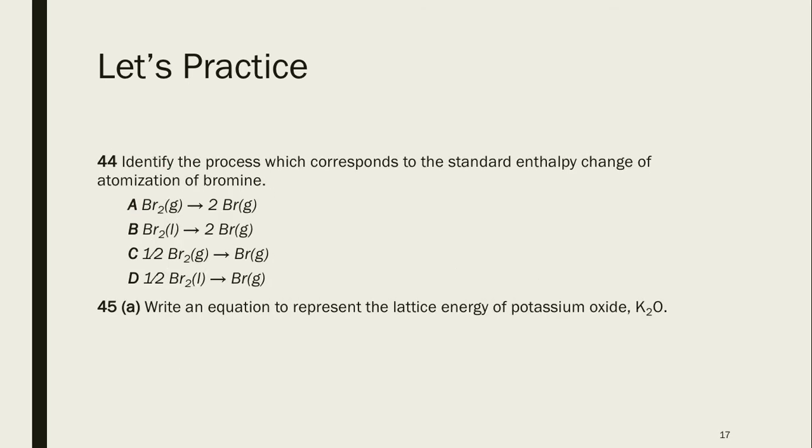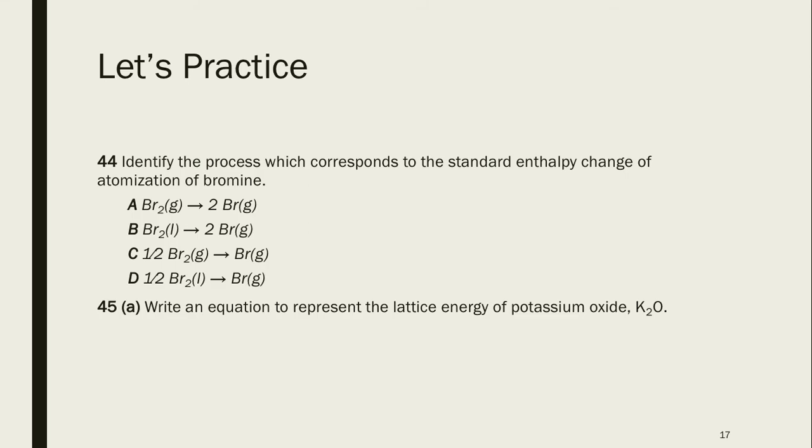Okay, number 44. Identify the process which corresponds to the standard enthalpy change of atomization of bromine. Okay, so atomization is when you turn something into a gaseous form from its standard state.